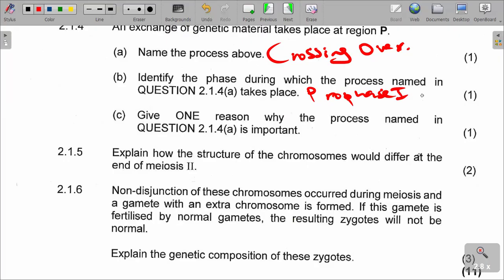Give one reason why the process named is important. It increases genetic variation and improves biodiversity.